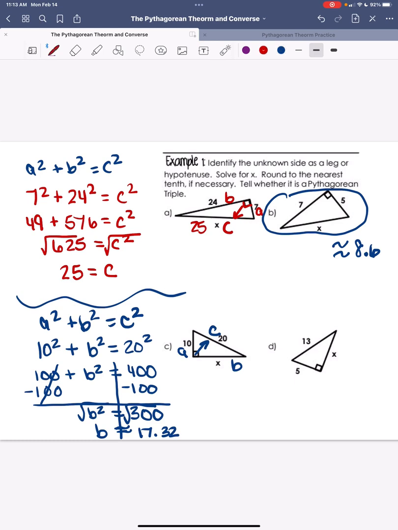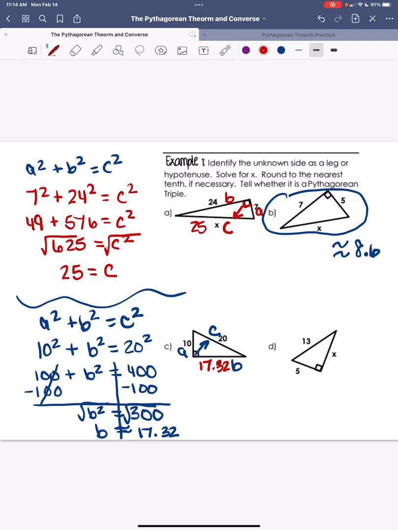Now, if I come up here and I write that, and I say 17.32 is the length of this leg, again I want to stop and make sure that that makes sense. Remember, my hypotenuse, side C, is your longest side, which is 20. So we want to ask ourselves, is this leg length that we got shorter than the hypotenuse? And it is. So you have a reasonable answer.